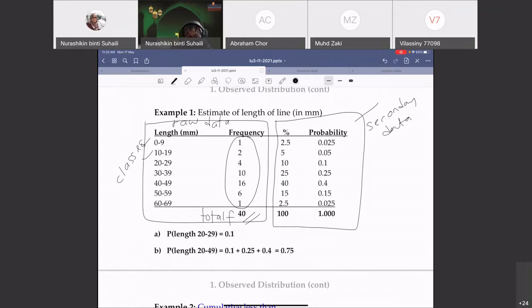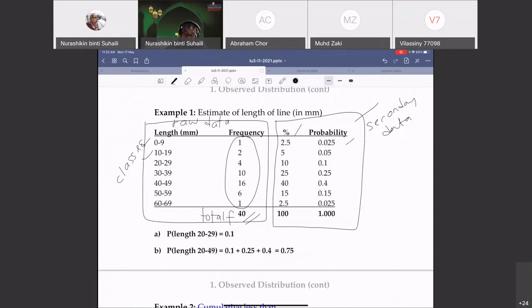So how you calculate the probability is based on the raw data. For example, for this class 0 to 9, how you get 2.5 is 1/40 times 100%. You get it in terms of percentage, 2.5. But if you convert it into decimal, you will get 0.025.